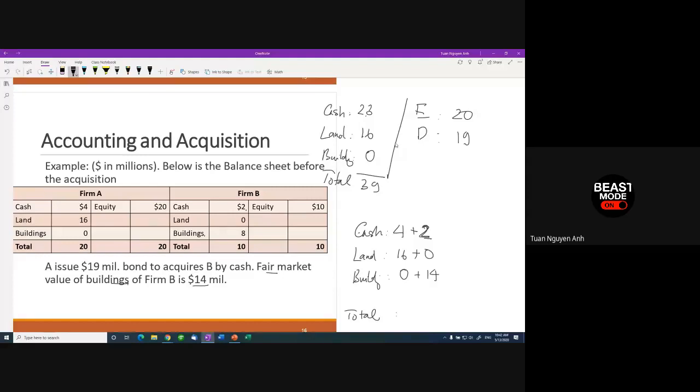So how much will the total be here? At the first time, we have 39. We have an outflow of 19, and we record the value of firm B's assets: 2 in cash, 14 in building. So this must be the total value.